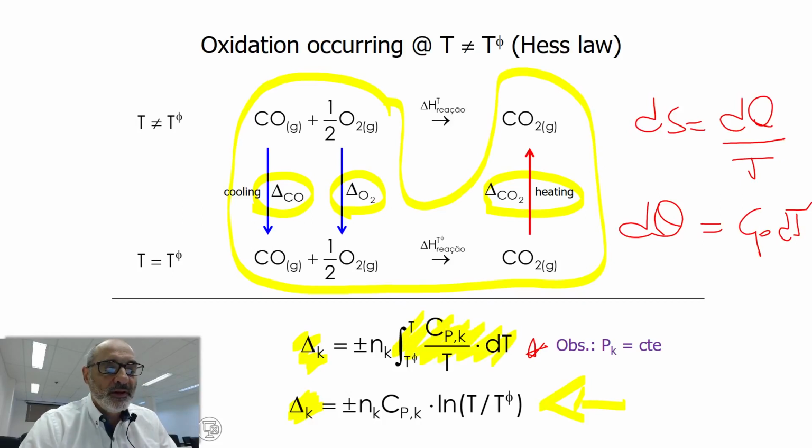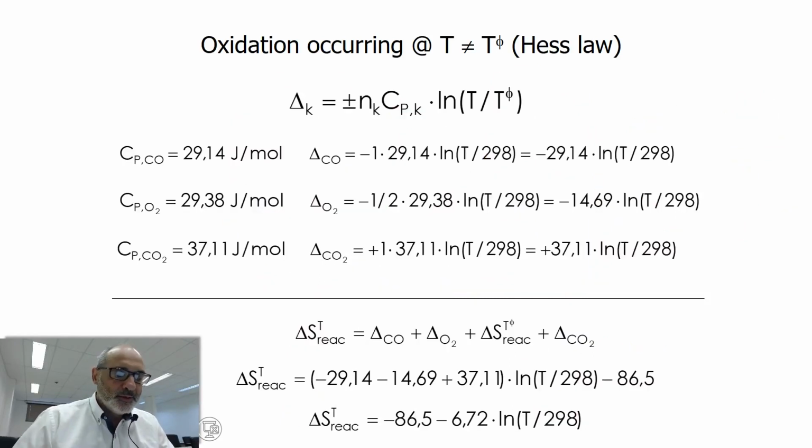Cp is constant, and I get the integral of dT over T, which is Ln of T minus Ln of T phi. Okay, let's move on, and now we only need to do the calculations. We have this formula. I replace all data that I have for CO, for O2, and for CO2, and I get these functions of T.